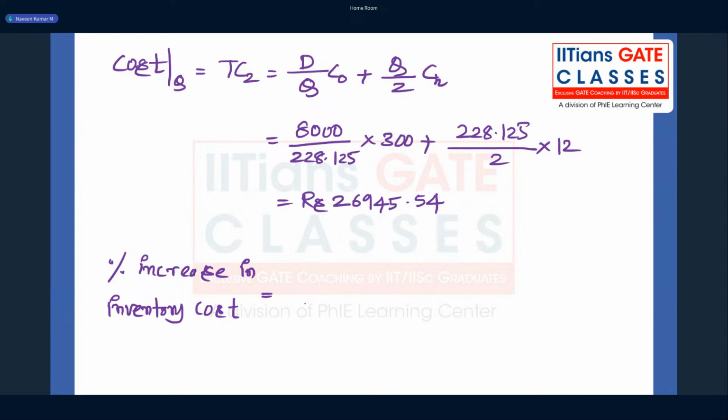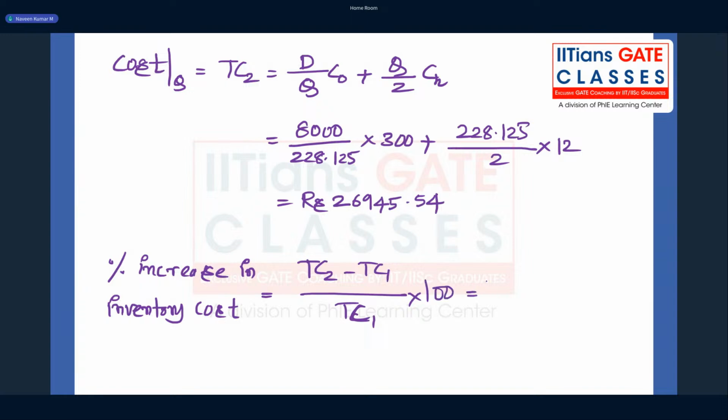Okay, so the increase is how much? I'll write TC2 minus TC1 divided by TC1 into 100.